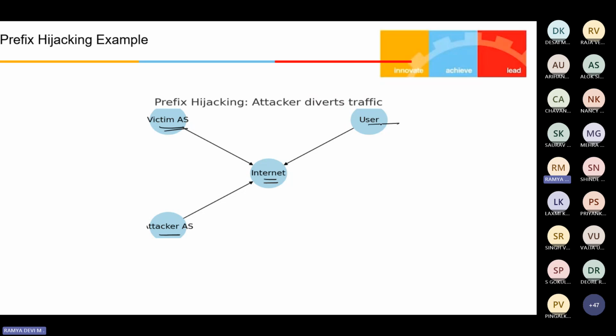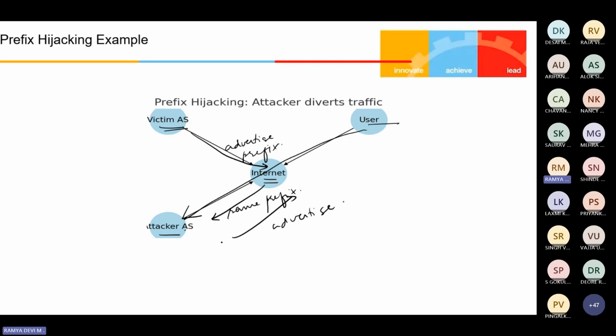So some users, what will happen? They'll be misdirected to the attacker's autonomous system instead of the victim. So the victim autonomous system will try to advertise its prefix to the internet. What will happen? The attacker takes the same prefix, it will try to use the same prefix and advertise it.